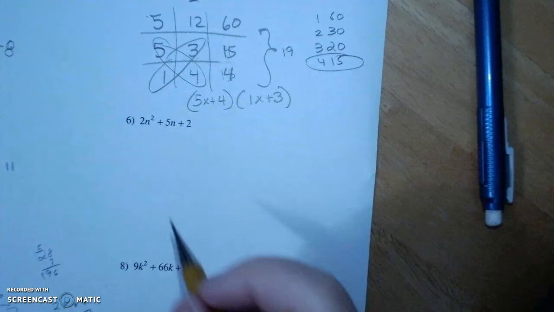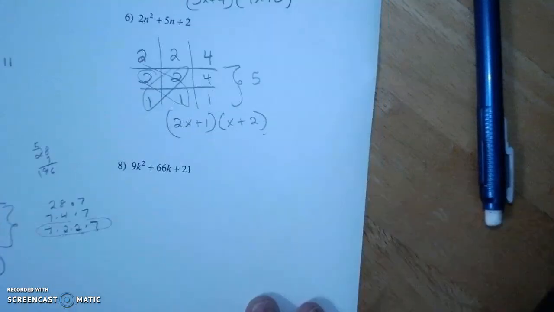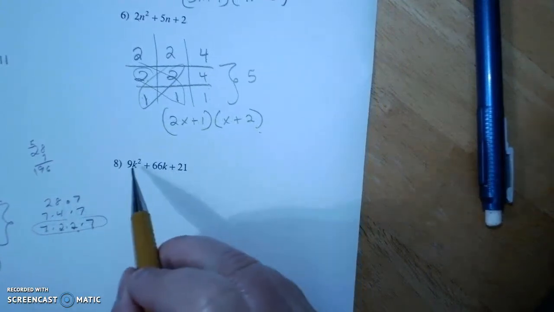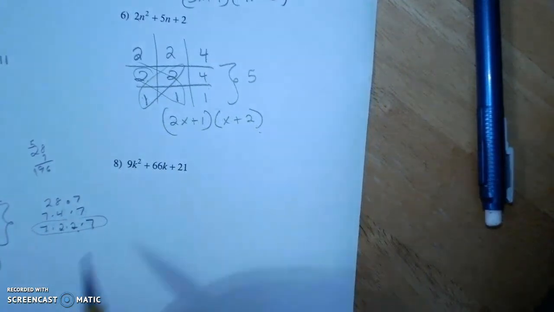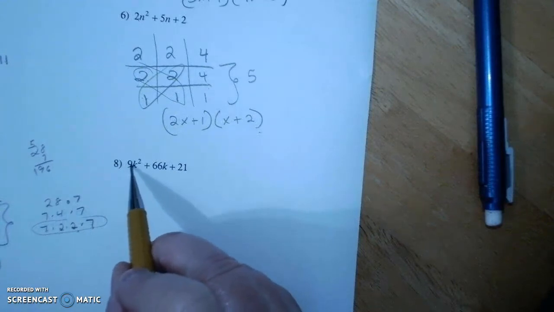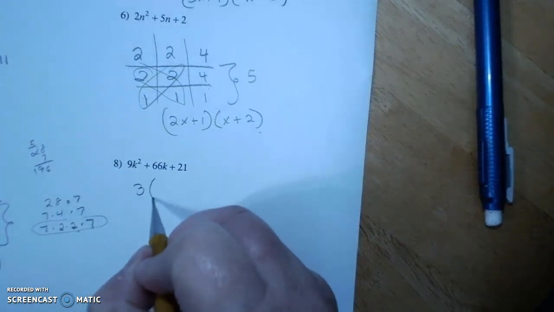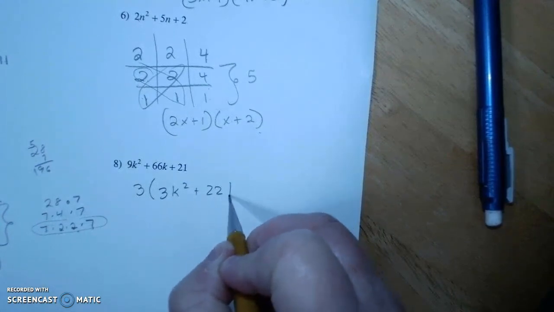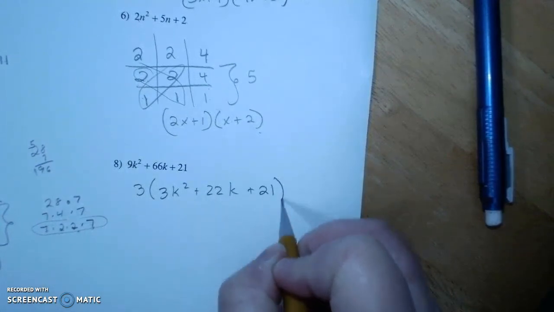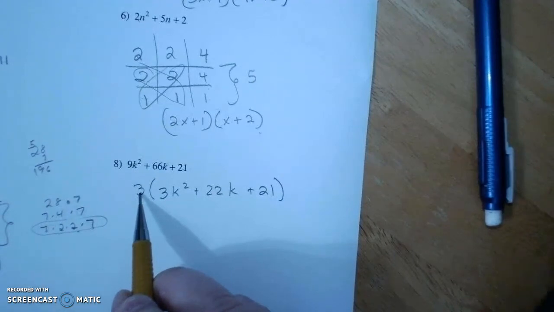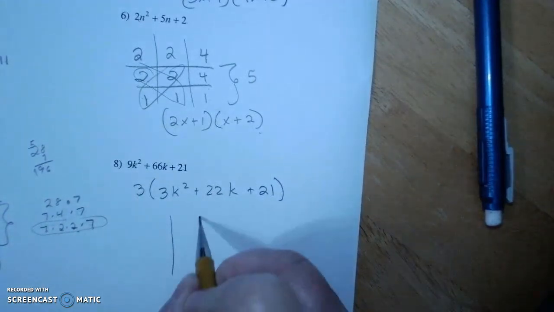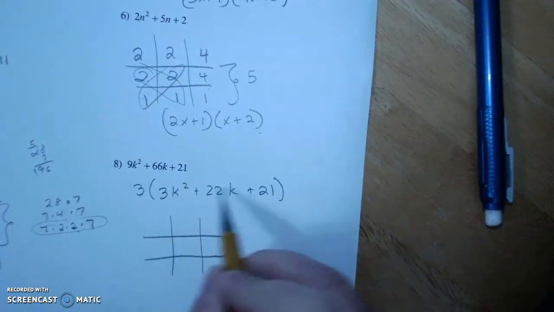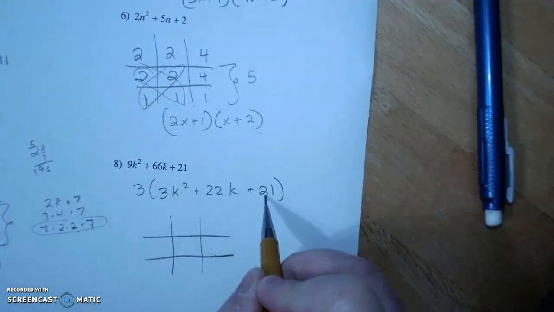So I have A. When you are looking at this, I notice these are awful big numbers, and so I'm going to look, and I'm going to notice there's a 3. So that's 3k squared plus 22k plus 21. I'm going to keep this 3 outside, and now I'm going to do tic-tac-toe with the inner.